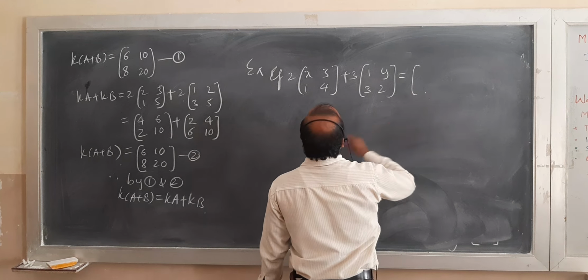Suppose you are given this type of matrices, then you find the values of x and y by using this equation. Now we solve by using scalar multiplication and equality of the matrices.